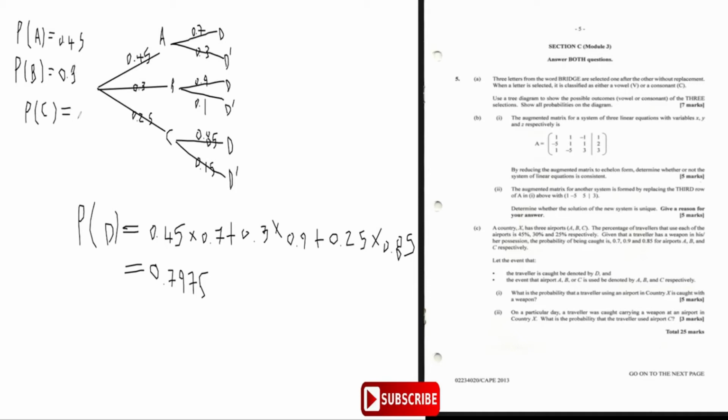Now, over here is a conditional probability: the probability of you getting caught, given that you were at airport A. So given that you went to airport A, the probability of you getting caught is 0.7.